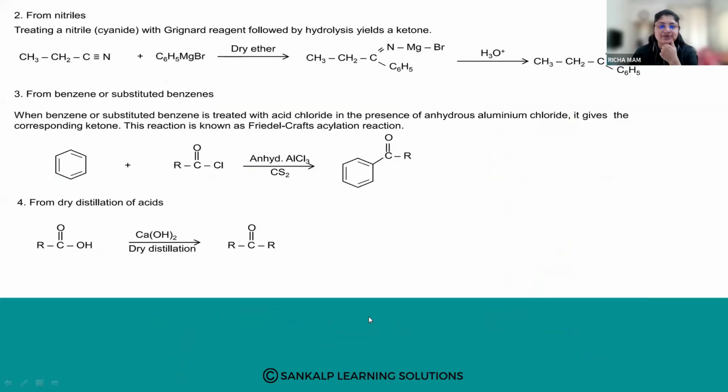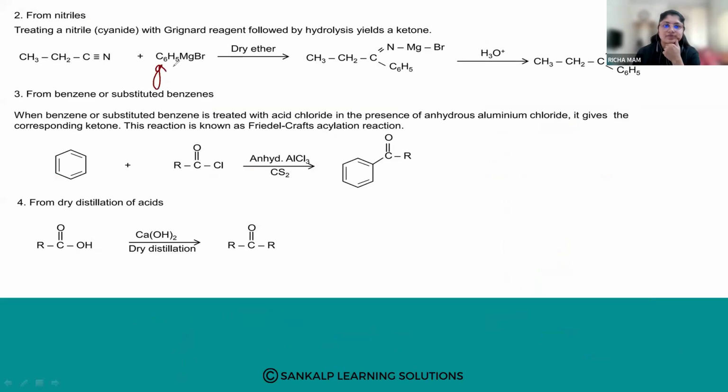Next we are going to start with nitriles. The second preparation of ketone is from nitriles. So nitriles, we react with Grignard reagent in the presence of dry ether. Let me write Grignard reagent.